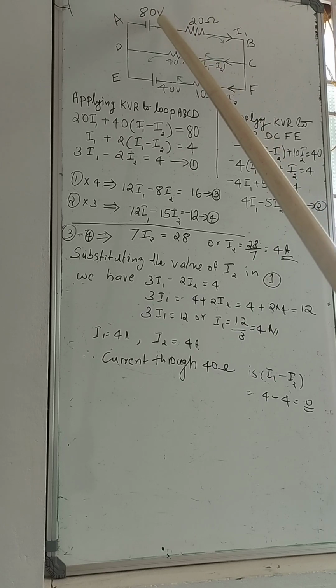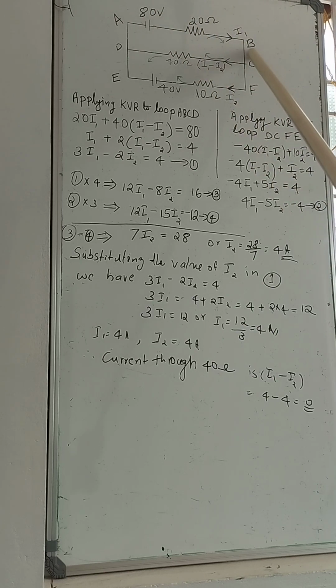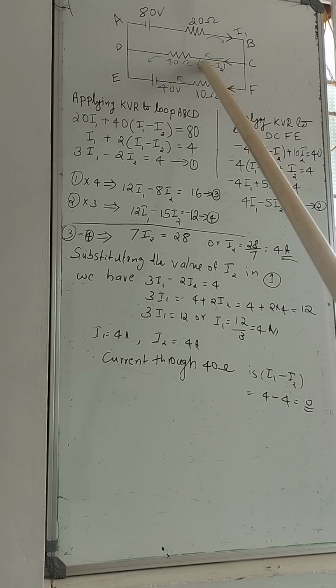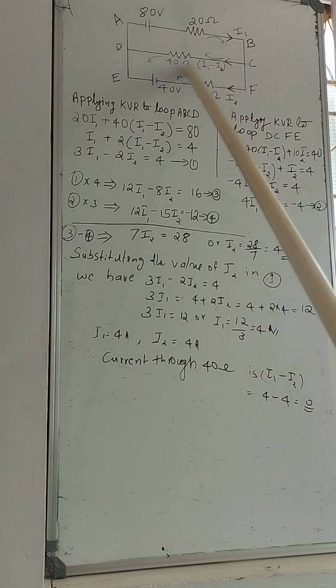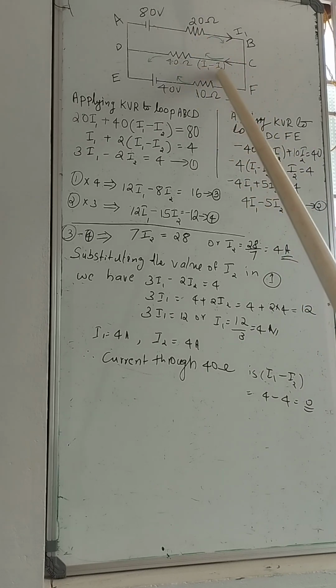I1 is the current from the first cell, and at this junction C a part comes as I2. So the remaining current, I1 minus I2, flows through the 40 ohm resistor. We have to calculate I1 minus I2.